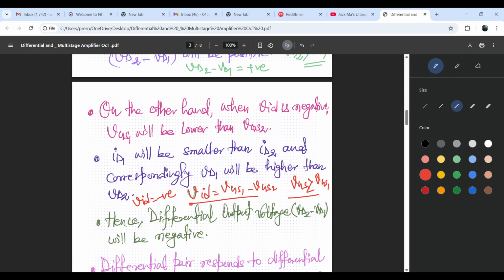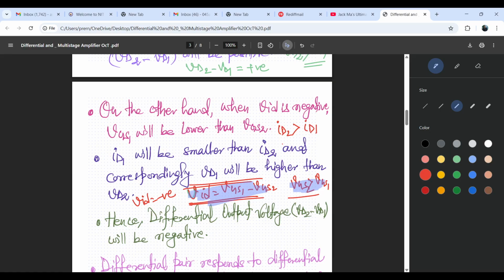Simple. We know this expression. Now, similarly, ID1 will be smaller than ID2, and correspondingly VD1 becomes higher, because in this case the gate to source voltage of Q2 will be high, so the current will also be high.